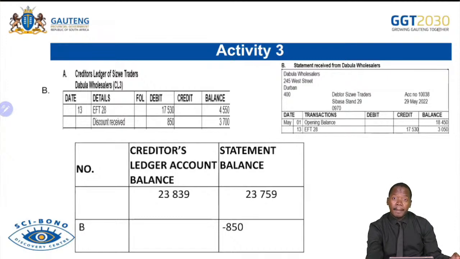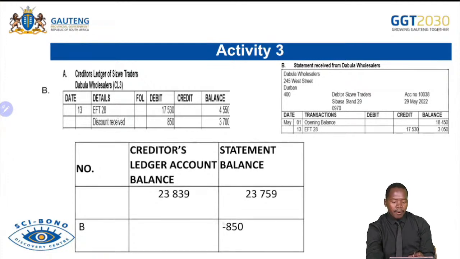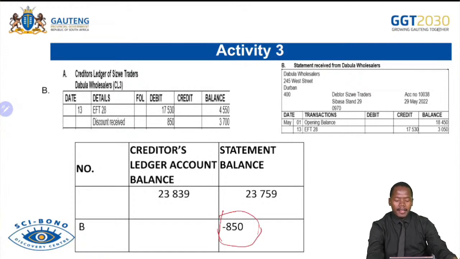We say payments will also decrease the balance. Returns, which are debit notes, will also decrease the balance. This is why now we are recording 850 on our statement balance. Why statement balance? Because the statement balance forgot to deduct.